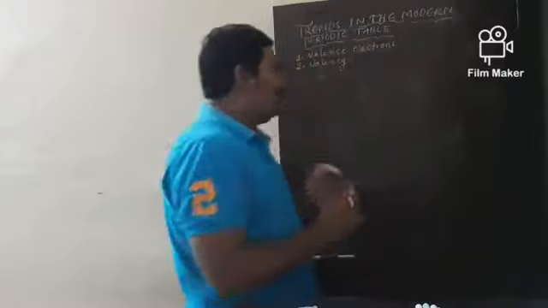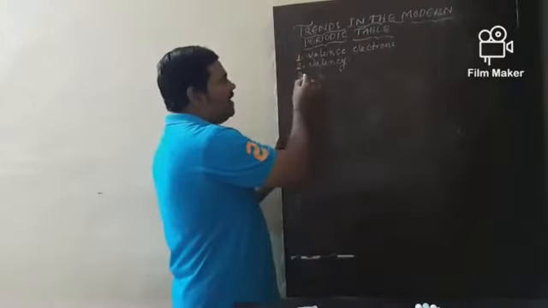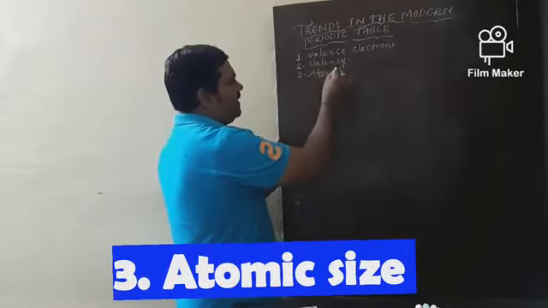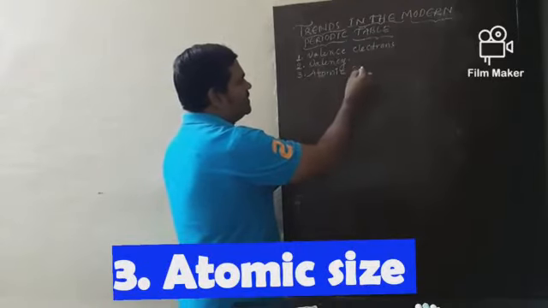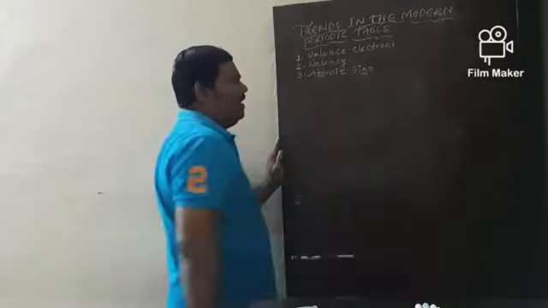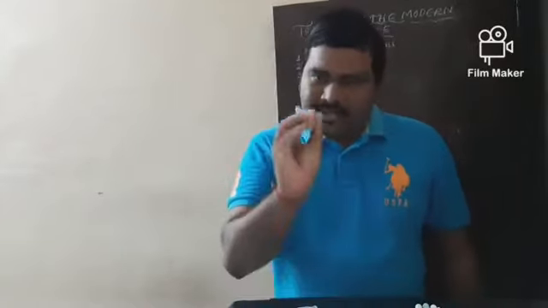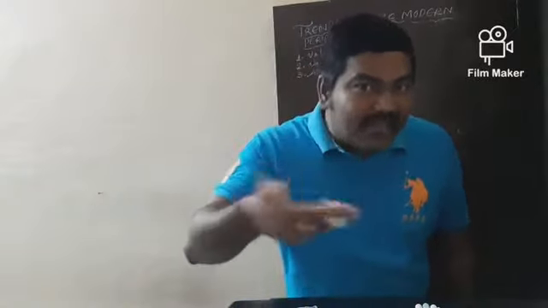Now coming to the third periodic property, atomic size. Atomic size is also called atomic radius, or radius of the atom. How do we define atomic radius or size of the atom?